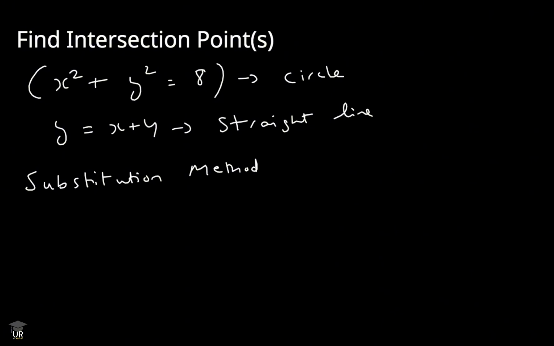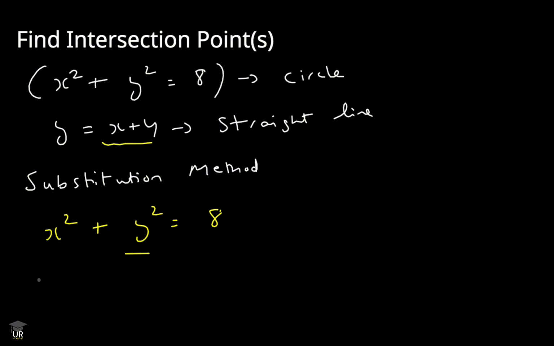So let me write down the equation of the circle again. So the equation of the circle is x square plus y square is equal to 8. Now instead of this y, I can substitute this.